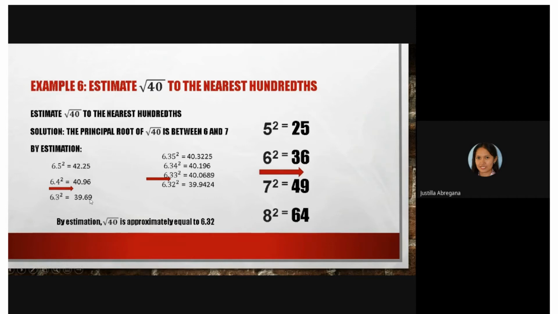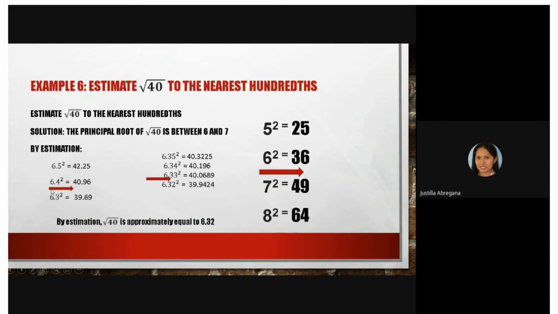So it's lower than 40. So meaning it's in between 6.4 and 6.3. So this is still in tenths place. Let's have the hundredths place. What is asked in the problem is the hundredths place.